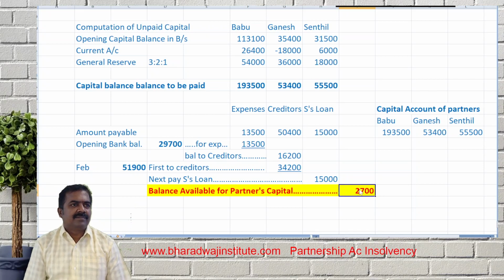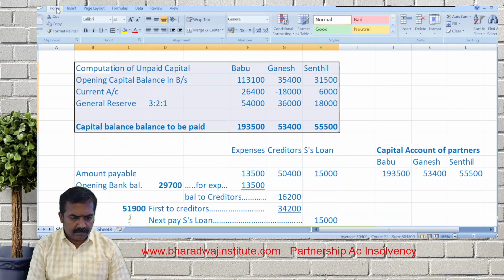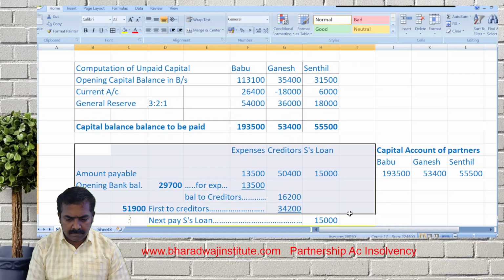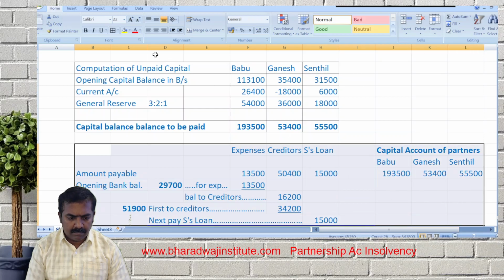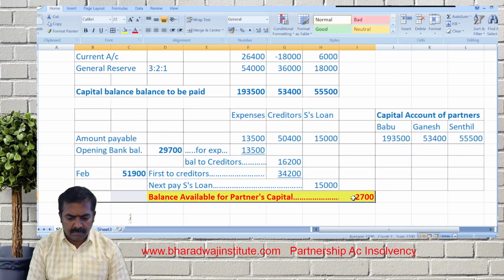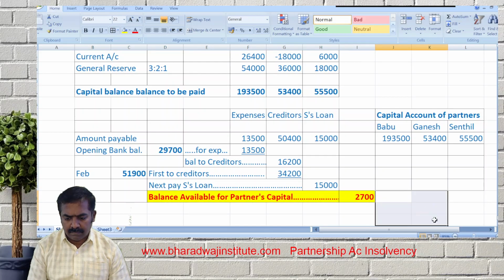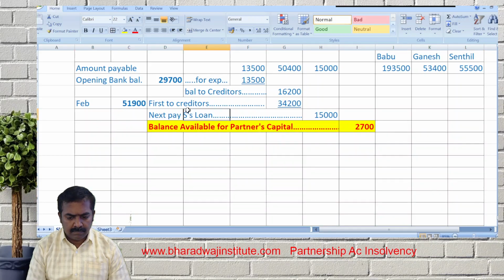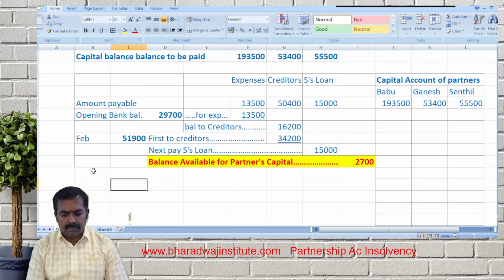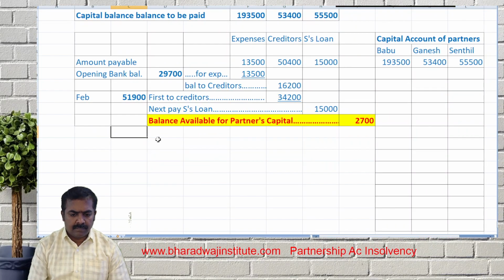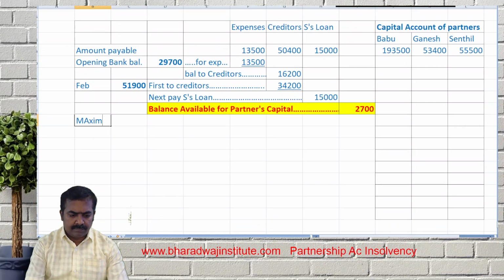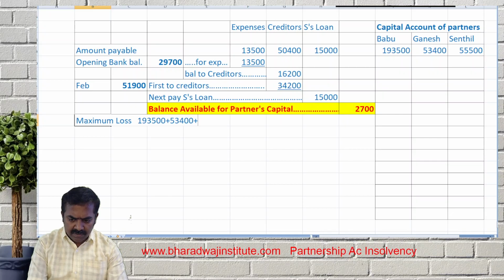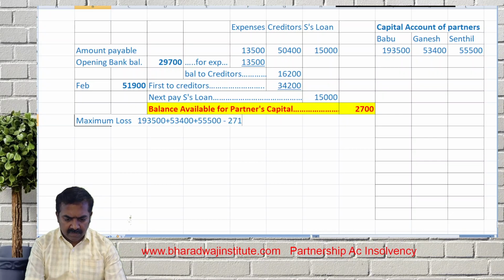Steps as usual. What is step 1? Maximum loss. How will you work out the maximum loss? 1,93,500 plus 53,400 plus 55,500 minus 2,700.